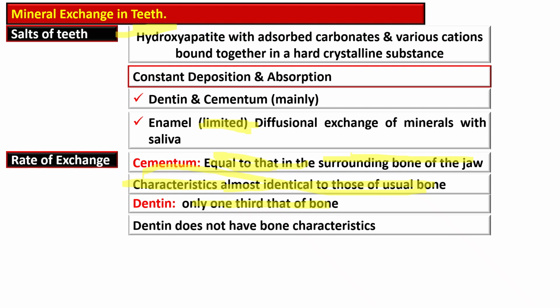So to summarize, this is a dynamic turnover that is present in dentin and cementum, and it is responsible for long-term stability because the enamel remains largely unchanged over a lifetime.